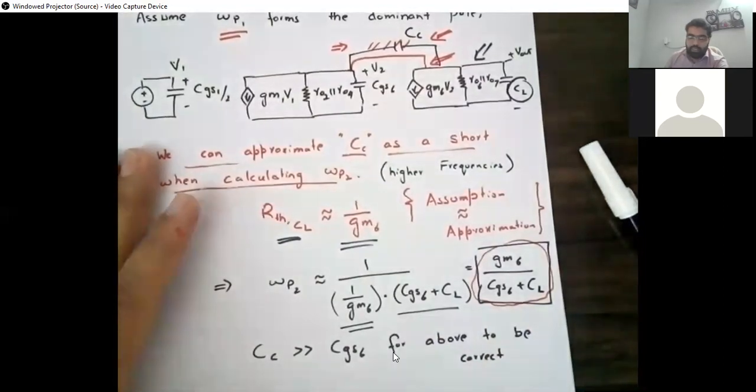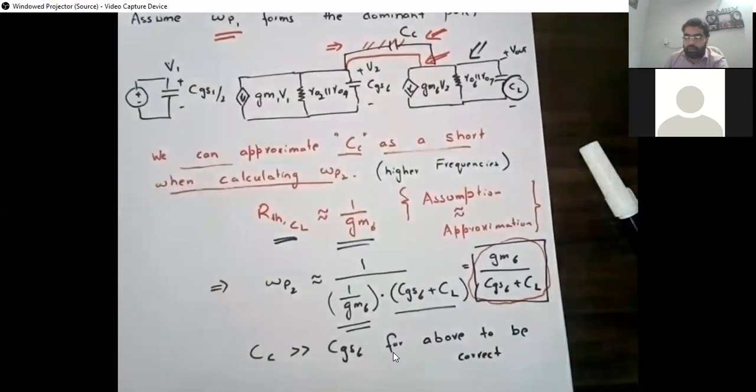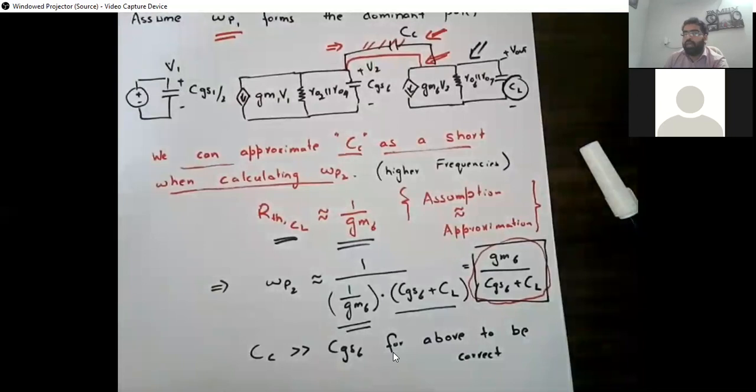Okay, so now we can see the omega P2 expression also changed compared to the initial calculation where there was no compensation capacitor. But we made one logical assumption that CC was a short at omega 2, which was assumed to be a high frequency.